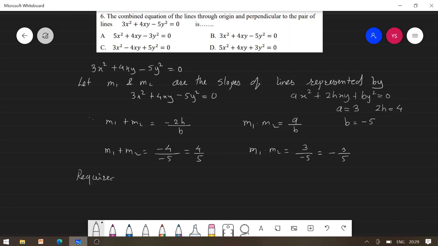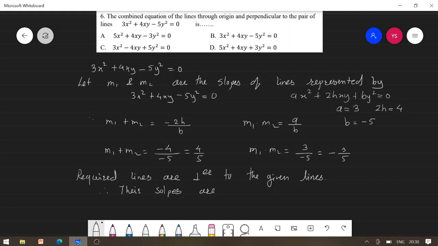Required lines are perpendicular to the given lines. Therefore their slopes are given by: once the lines are perpendicular, the product of their slopes is −1, or you might say the slope of one line is the negative reciprocal of the other.